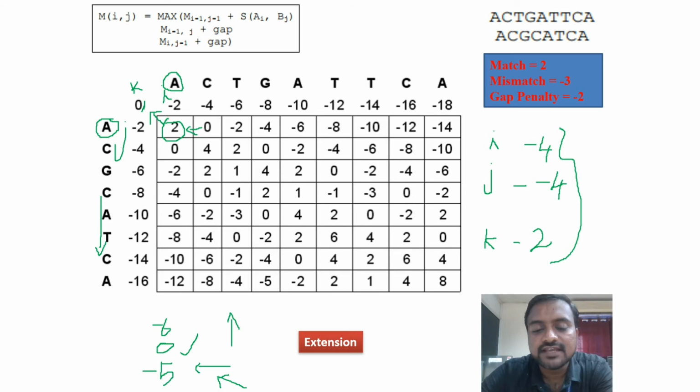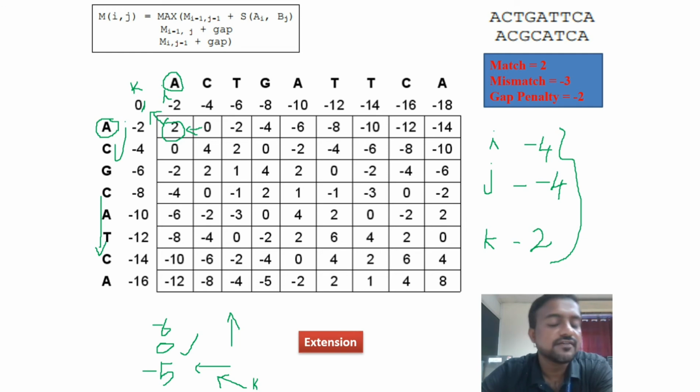If it is a diagonal, these three arrow marks help us in the process we call traceback. Every arrow has a meaning. If it is a diagonal, we simply make it a matching character.